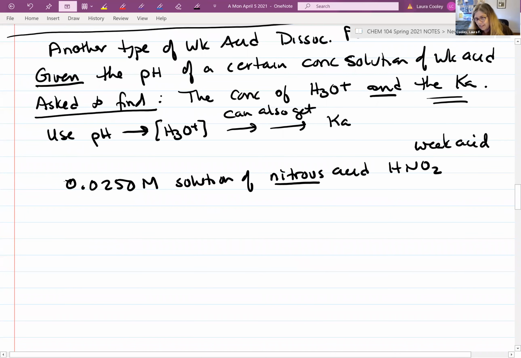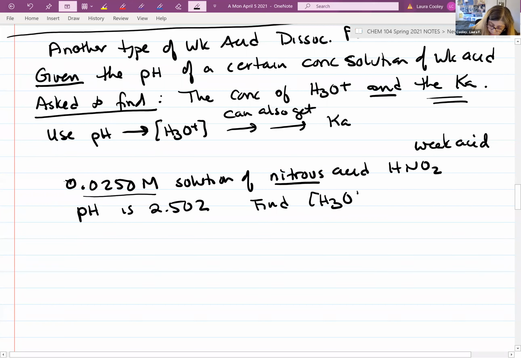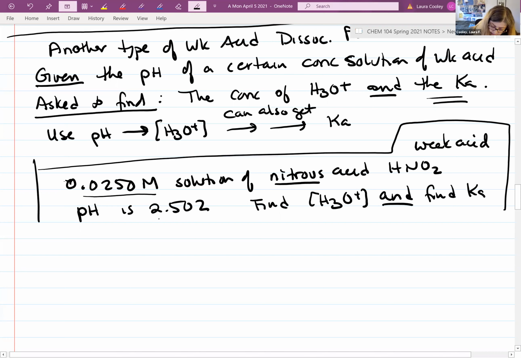We're not being given access to that chart for this problem. So you're given the concentration, and you're given the pH, which is 2.502. You're supposed to find the H3O plus concentration and find the Ka.